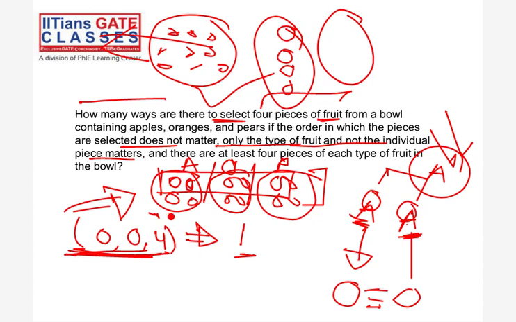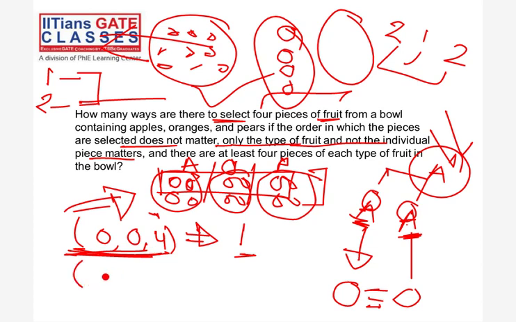So if you pick one apple, that is a different thing. If you pick two apples, that is a different thing. But if you pick two apples, and some other person picks two apples, then they are the same thing. So the only thing that matters is how many of these fruits you are picking. So this is one way.